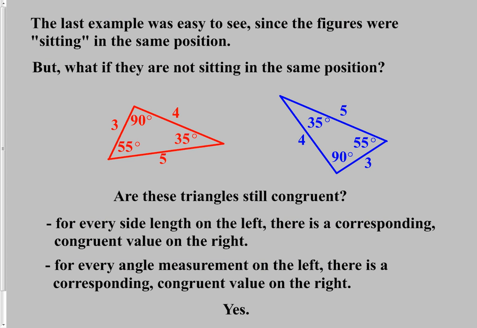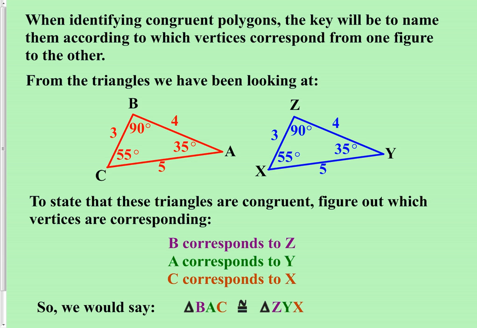We could very easily take one of those triangles and rotate it or reflect it. So when you're looking for things that correspond, you don't look geographically in the picture. You look for similar properties from one figure to the next. So the 90-degree angle still corresponds to the 90-degree angle because they have the same properties, not because they are sitting in the same locations.